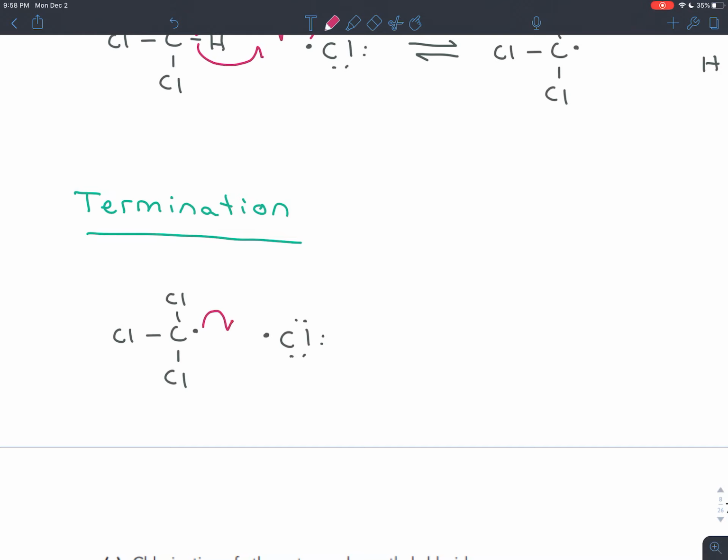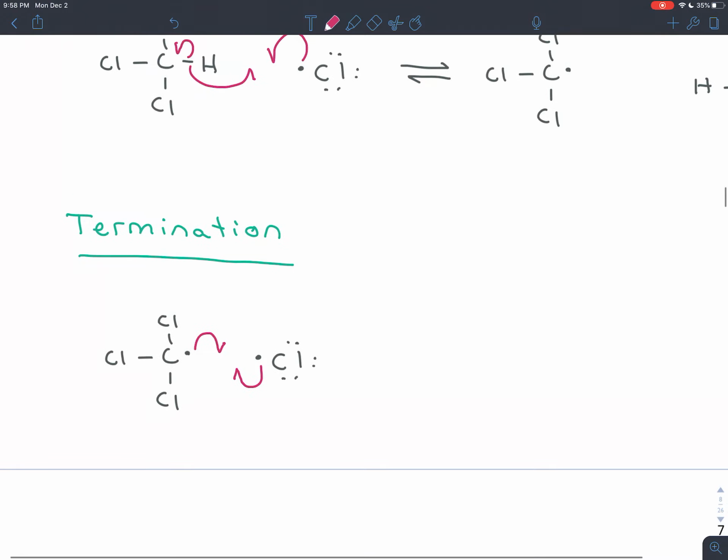We use a curved fishhook arrow to point to the space where the new bond is forming. The chlorine radical also contributes one electron, the unpaired electron of the radical, to the space where the bond is forming. And in the process, you end up making a new bond between the carbon and the chlorine.